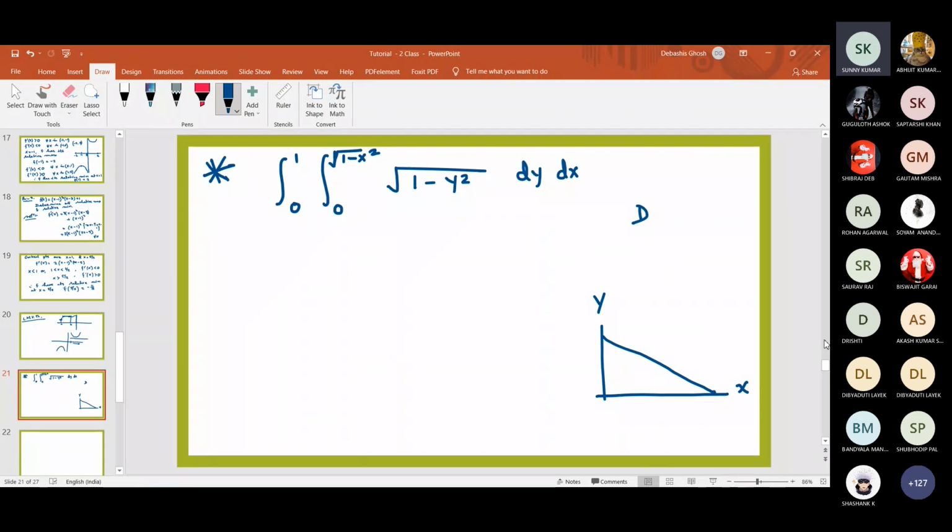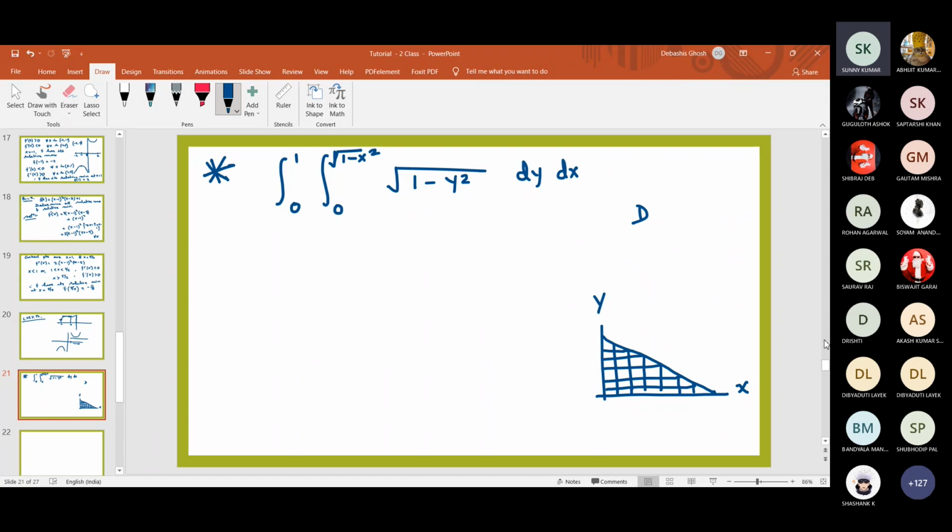Then we make a small strip of this, an equal division of this portion. It's not exactly equal, but just consider this one. Now we are going to compute the double integration.